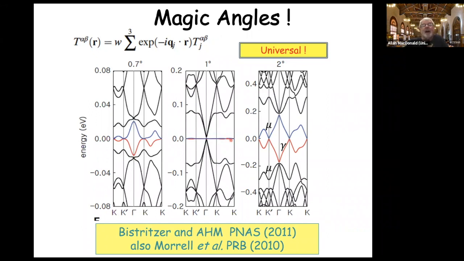So when you are between -4 electrons, relative to a neutral system, when you remove up to 4 electrons per Moire period and add up to 4 electrons per Moire period, then the Fermi level lies in these flat bands.